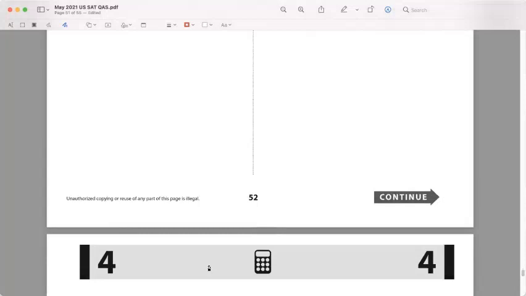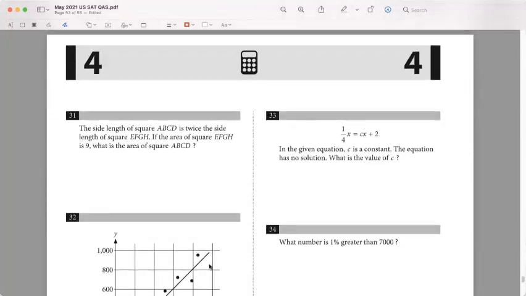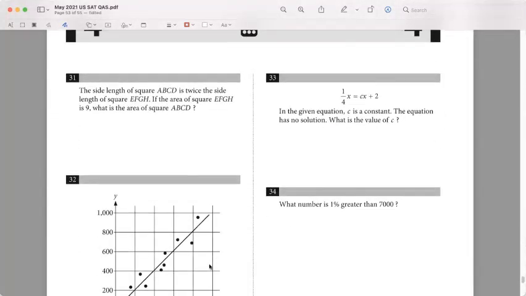Okay, let's do the gradient problems now. 31. The side length of square ABCD is twice the side length of square EFGH. So let's say the side length of ABCD is 2x, and the side length of EFGH is x, right?